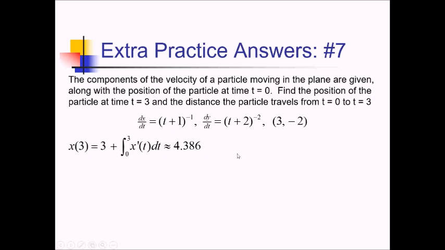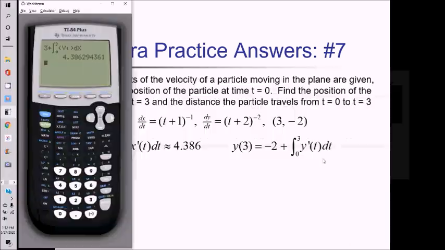Now for the y value, we need to take the y value at time 0, which was negative 2. And pretty much just like we did over here, we need to add an integral from 0 to 3, the initial time to the new time, of y prime of t dt. Going back to the calculator, we can do this a little bit faster now that we have the stuff for x in there. I'm just going to arrow up and get my input from before, and change it a little bit.